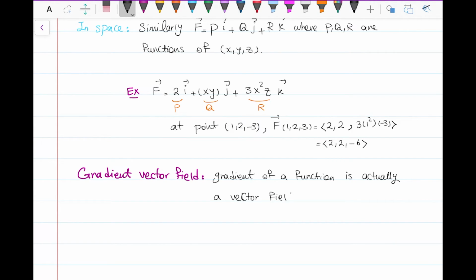For example, for a function of 2 variables x and y, the gradient of f, which is the partial derivative with respect to x and the partial derivative with respect to y, is a vector field in the plane.